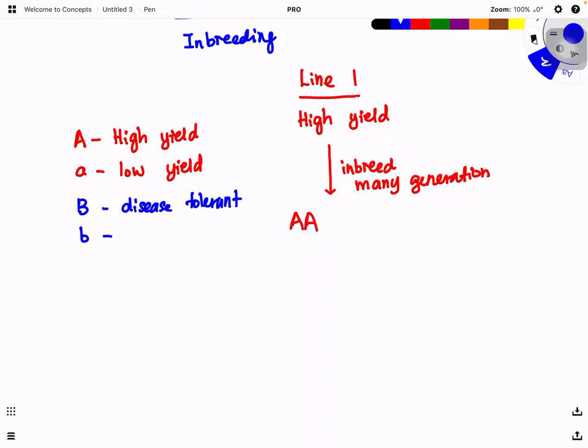If they carry the small b allele, it becomes disease intolerant. Maybe the plants will easily be infected by bacteria. Because we only focus on the big A gene, which gives us a high yield, most likely the deleterious allele may be expressed. So in this case, you get small b.